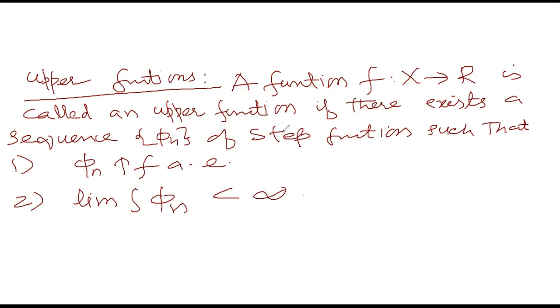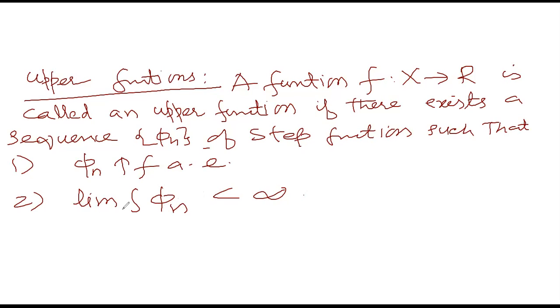A function f from X to R is called an upper function if there exists a sequence phi n of step functions such that this sequence increases to f. That means this is an increasing sequence and its limit must be equal to the function f, and the limit of the integral of phi n must be finite, because this integral is already defined.